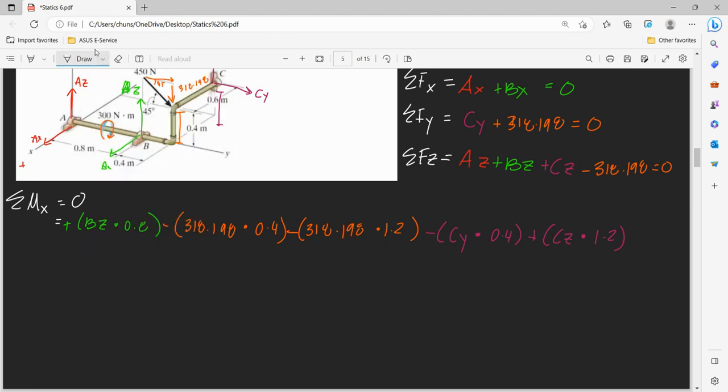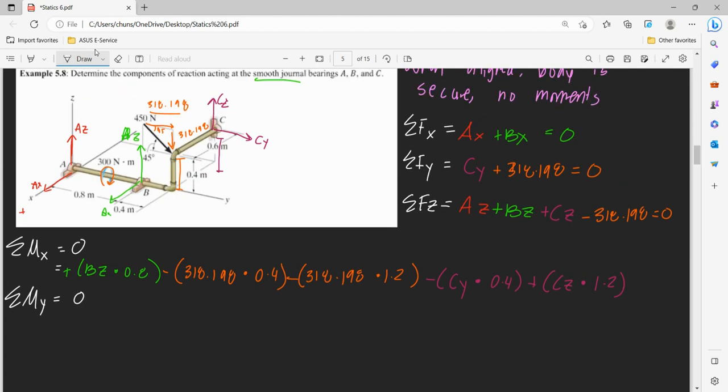Okay, and in our moment about y, a lot of things are going through y. So all of these, az, ax, bz, and bx, are all going through y. So are both the components of our 450 newtons, right?